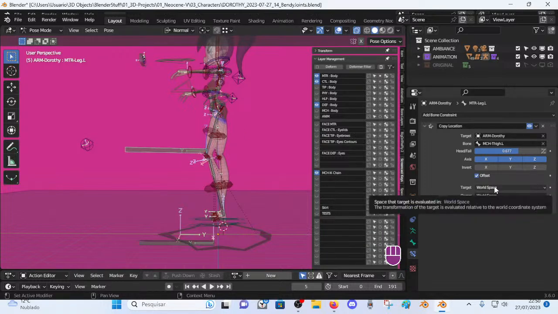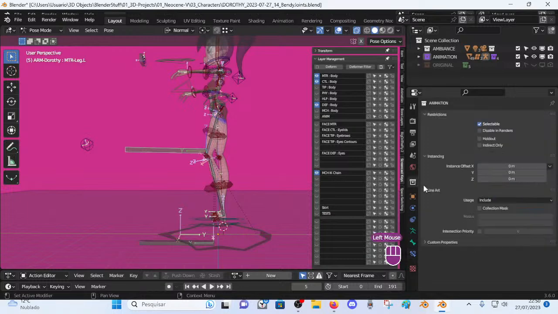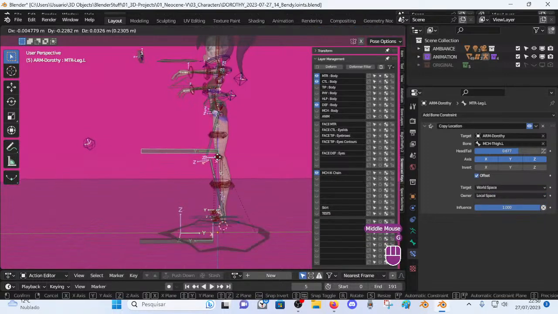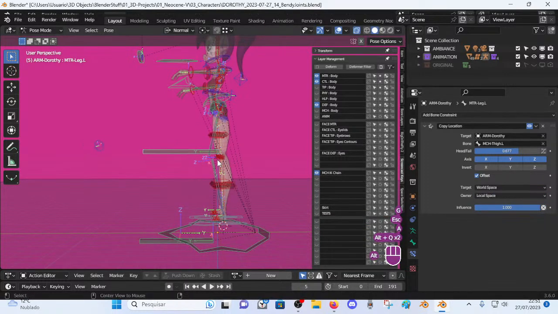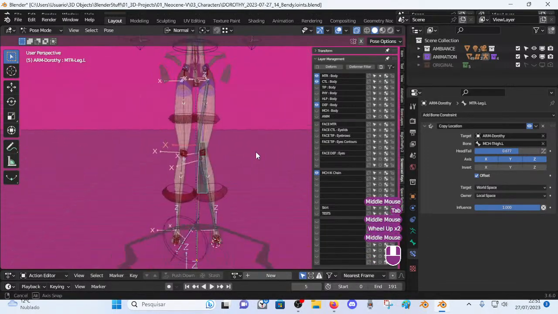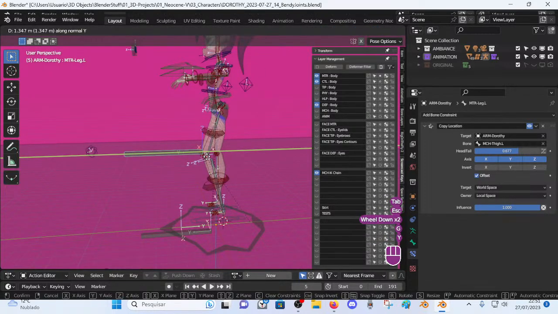World space, local space, target. Maybe I could do something like that. So let's see. Owner, target. Now target world space. All right. And owner local space. Let's see. It will go to there.